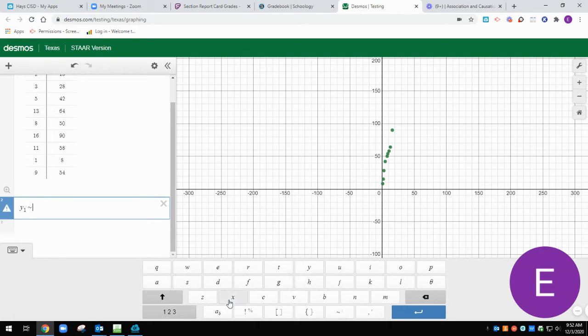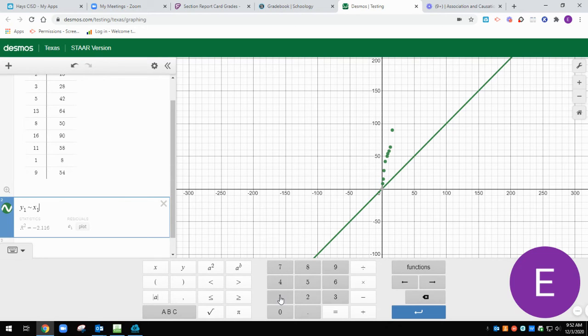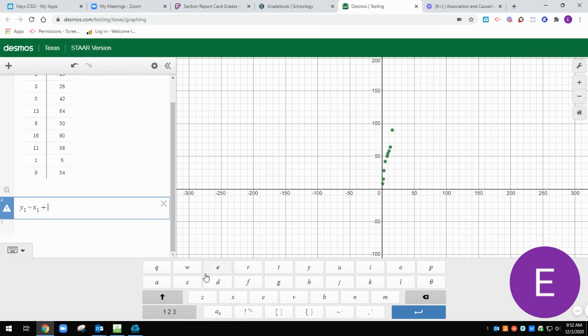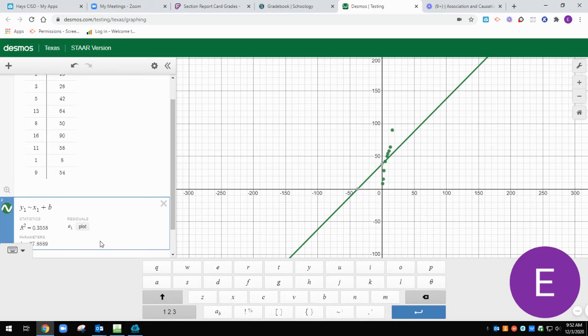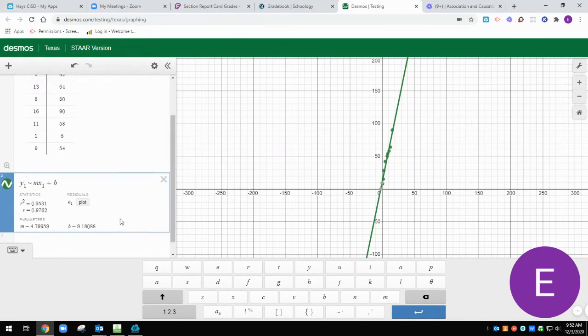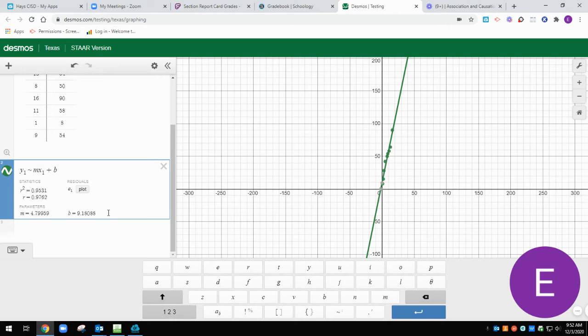And then we're going to type x1 and then plus b. I forgot to put the m in front of x, so we're going to go ahead and put the m. Okay, now notice it gives us our m and our b.